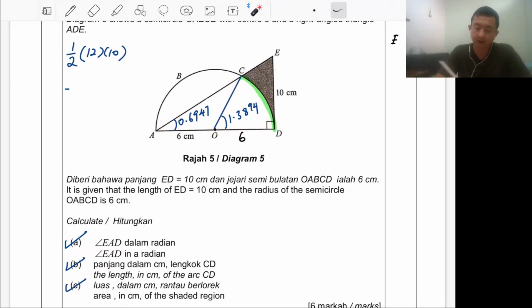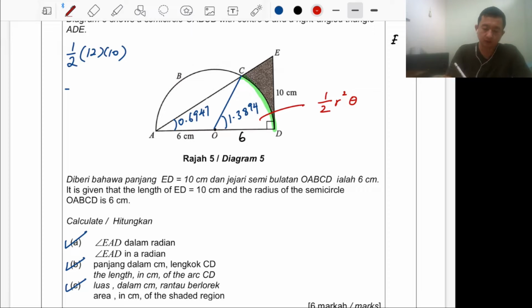So the formula is 1 over 2 r squared theta. So we have 1 over 2 times 6 squared times 1.3894. Okay. Now we minus the triangle.